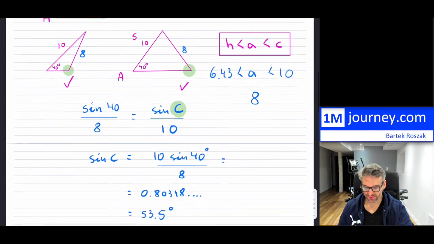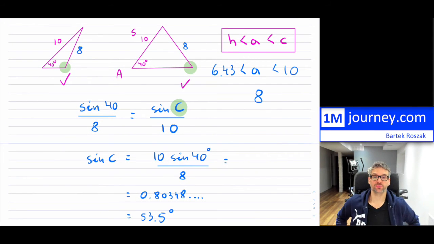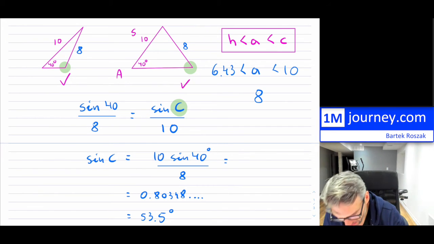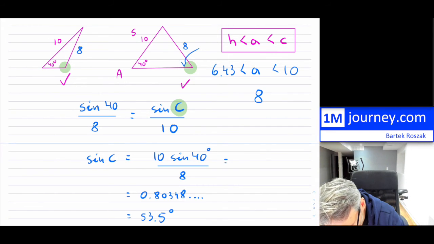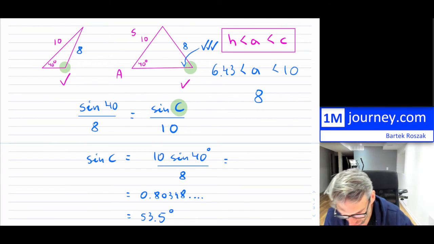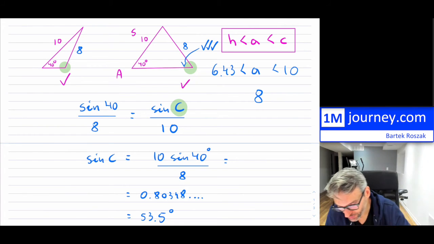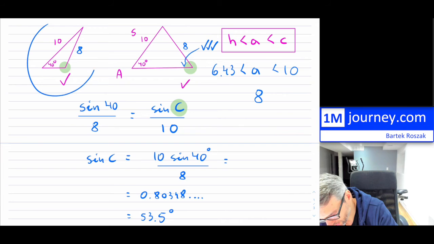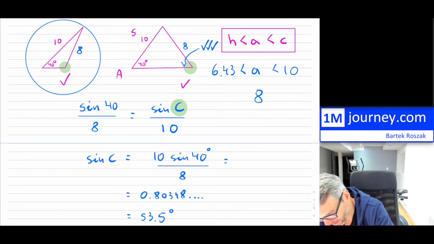Now, this value is acute, right? It's less than 90, which means that the sine law always calculates this angle. But if you know that your triangle actually looks like this, then how will you find this angle, which is now obtuse?